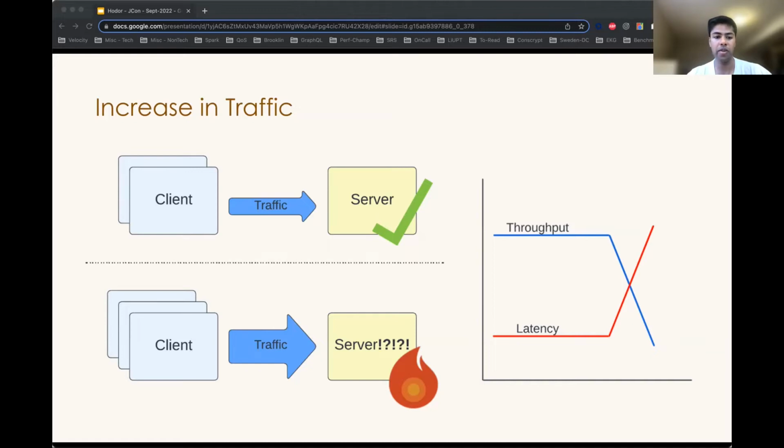This causes the performance to degrade very rapidly. In such scenarios, it's only a matter of time before the server falls over. Note that this increase in traffic could be because of more traffic organically because of more clients or because of fewer servers.